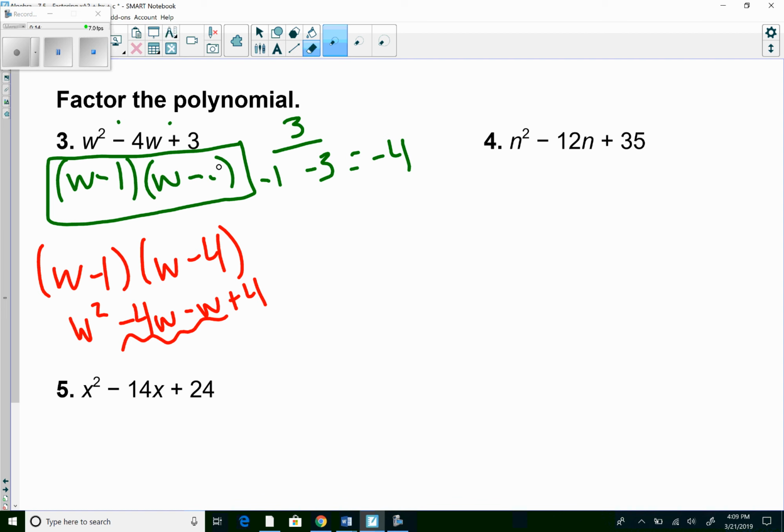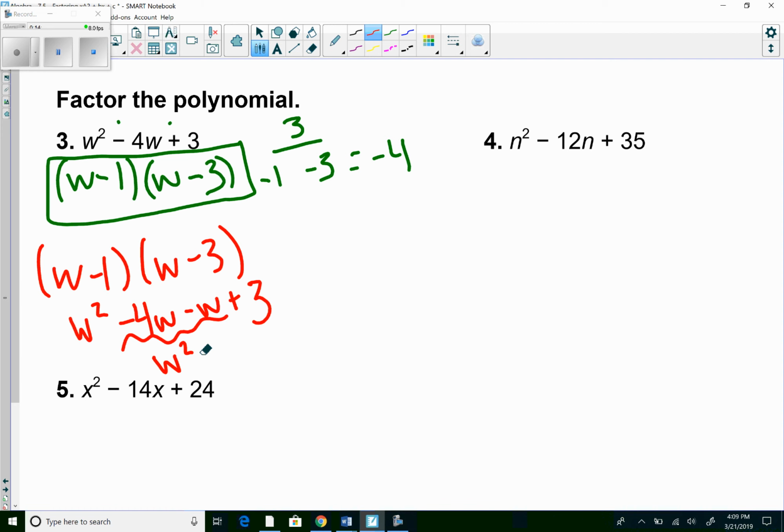That's supposed to be 3. Oops. Sorry, guys. So let me just change all of these so that they are actually the right numbers. 3, 3, 3. Okay. Now I think we're on the same page.